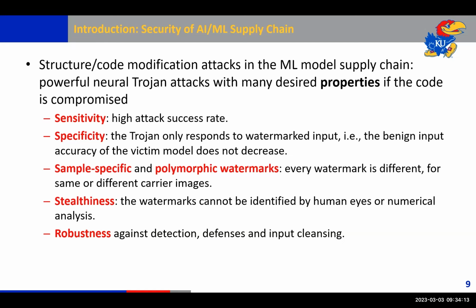This includes that the Trojan only responds to inputs with triggers but not benign inputs, which is the specificity; sample-specific and polymorphic triggers, which means triggers vary from input to input; and stealthiness, which means the triggers cannot be identified by human eyes. Also, attacks should be robust against detection and defenses.